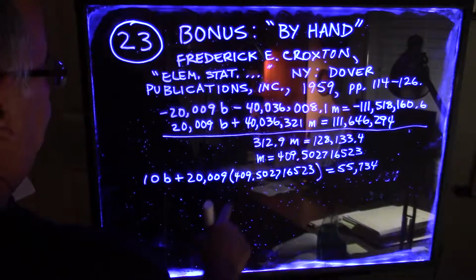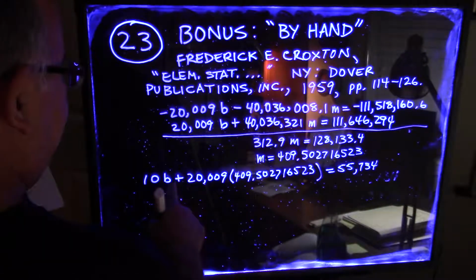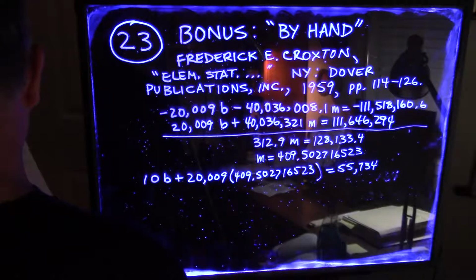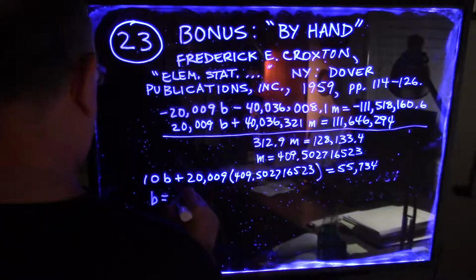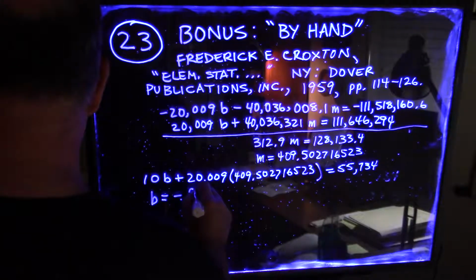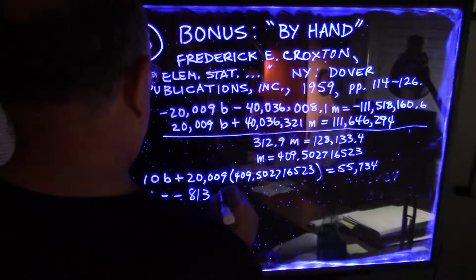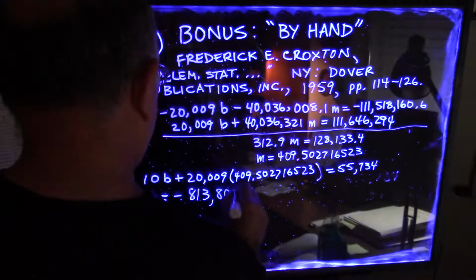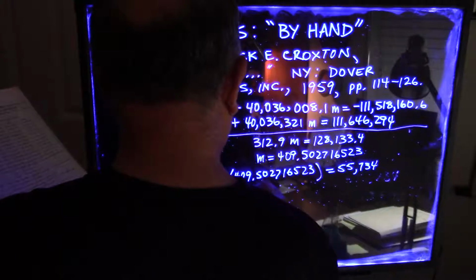So multiply those two, subtract that from both sides, you end up with 10b equals whatever you get, and then divide both sides by 10, so you get finally b is equal to negative 813,800.585491.